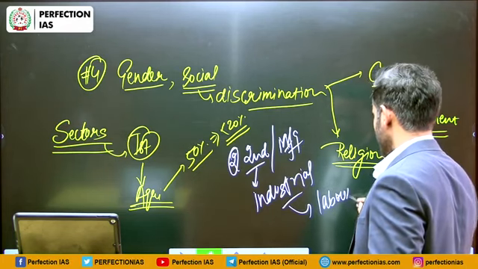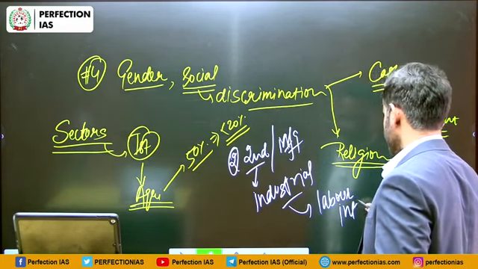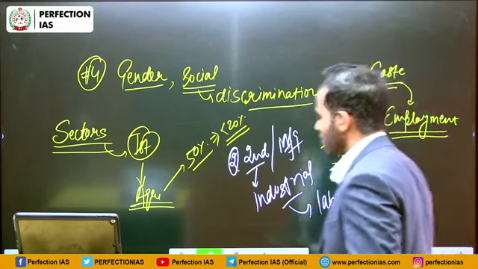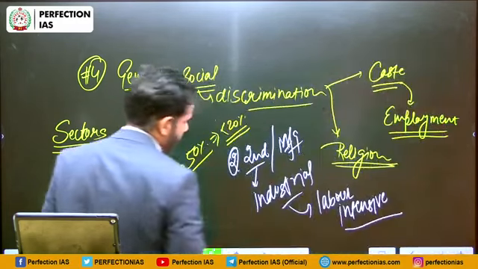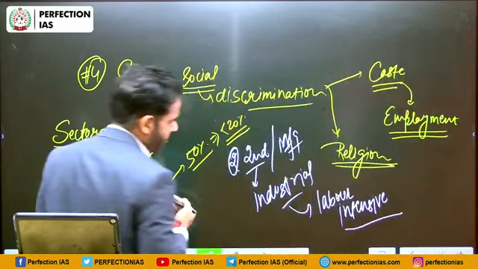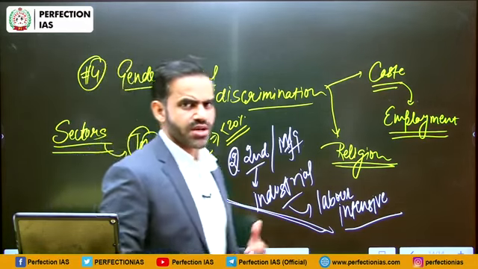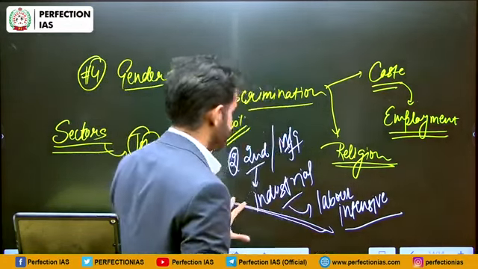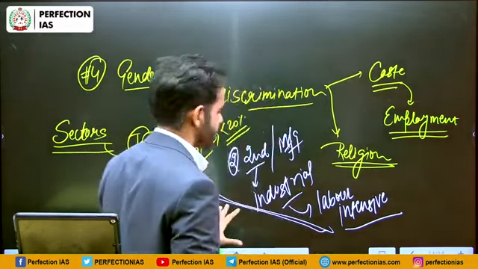Labor intensive means it can provide employment to a large number of population. Then what is the problem? Problem is that in case of India, the contribution of this secondary sector is not that much as it should have been. So the contribution of secondary sector is low.